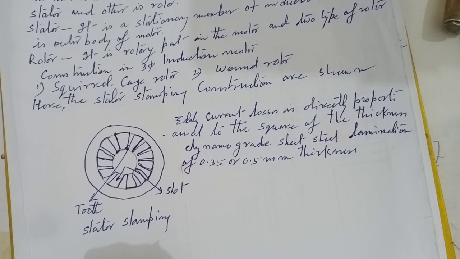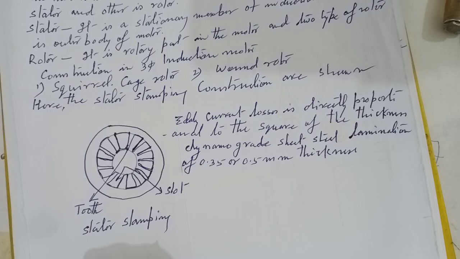The slots are punched out on the inner periphery of the stator lamination. These laminations are assembled in a steel yoke.